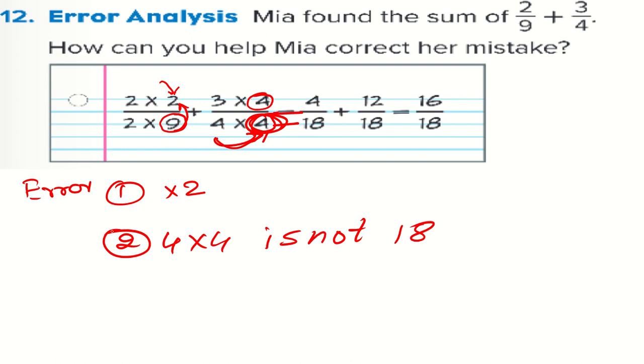Okay, so what she can do here, in place of multiplying by 4, you can multiply this number 9 by 2 and no need to multiply here by any number. Why? Because here 3 by 4, 4 is already a multiple of 2. So just 2 multiply 2 is 4, then you will get the correct answer.